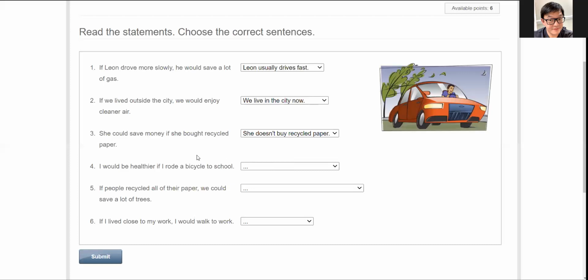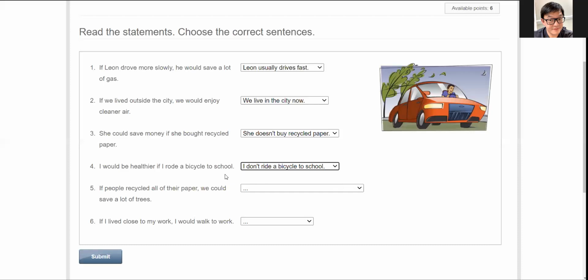Number 4. I would be healthier if I rode a bicycle to school. I don't ride a bicycle to school. I always ride a bicycle to school. And the correct answer is, I, at the moment, don't ride a bicycle to school.